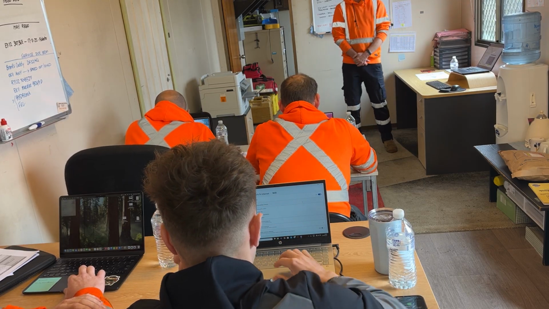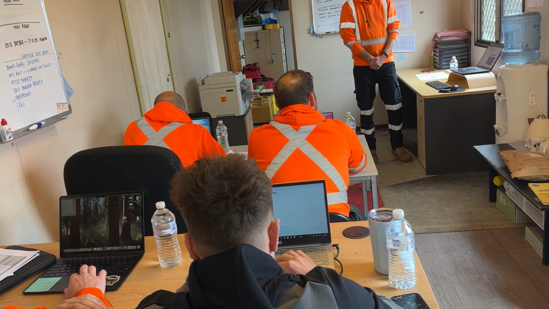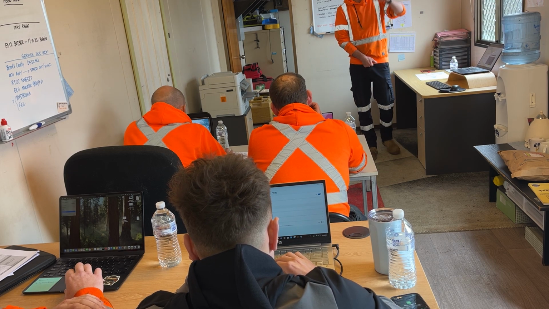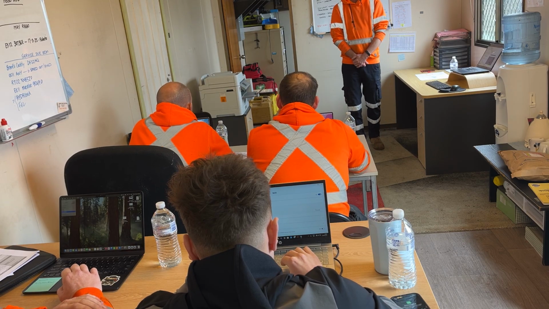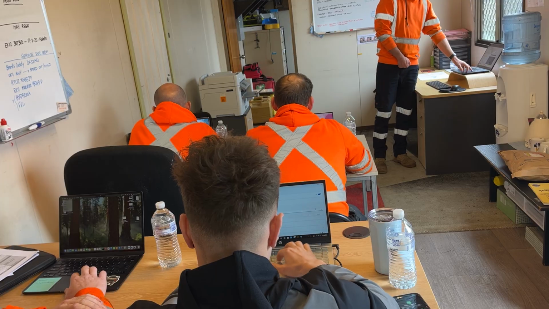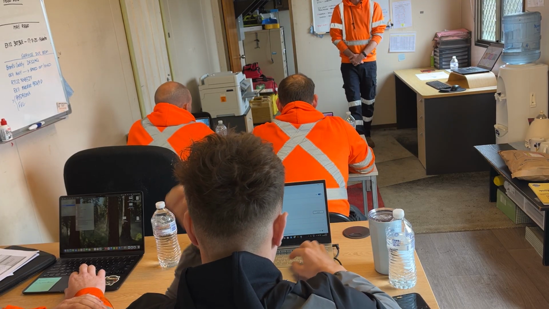That's your symbol for power. And then you select shut down. So once you click on that power icon, it should give you a little drop down box. It could give you sleep, shut down, restart. So we select the shut down option, and that will shut down your device.